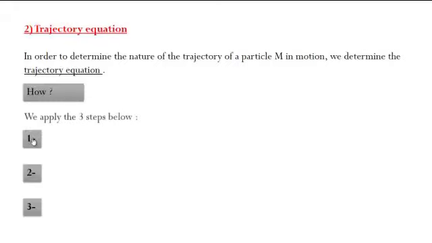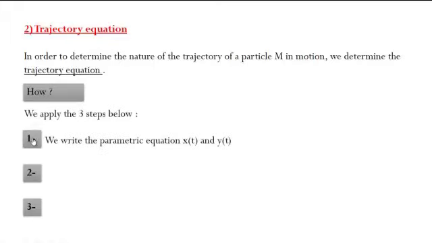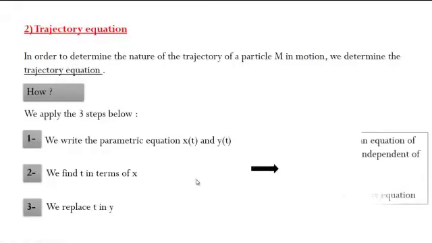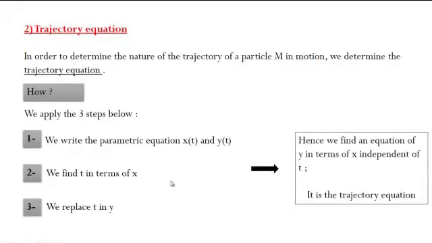The steps are: 1, we write x and y. This is what we call the parametric equations. Second, we find t in terms of x. Third, we substitute t in y. By substitution, we will have a relation between y and x which is independent of time. This equation is called the trajectory equation.